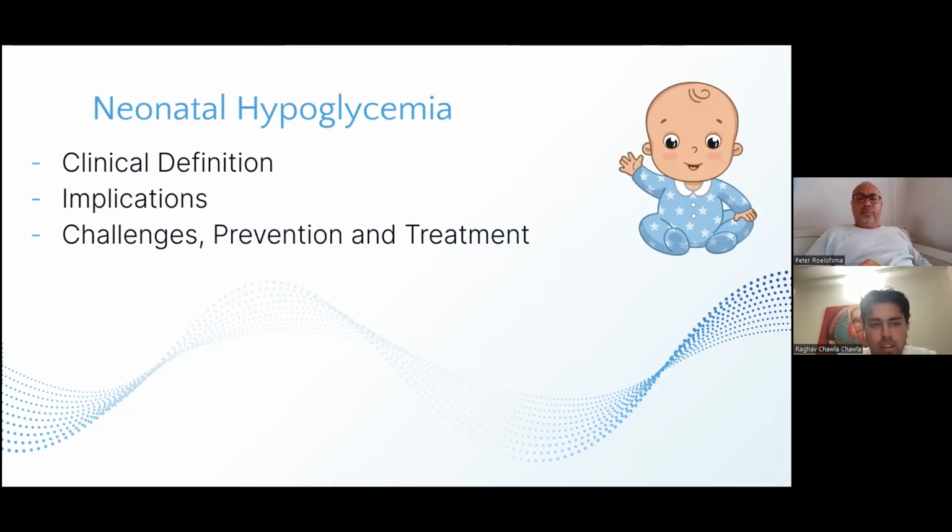And to prevent neonatal hypoglycemia from developing into a severe case, intervention is required, and this is mainly in the form of intravenous injection of glucose to the body. This can be in high levels, normal levels, or it can also be a bolus dose where we inject the whole dose in one go instead of spreading it over a long time.